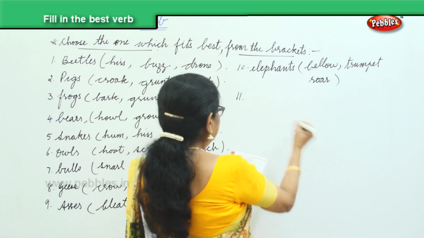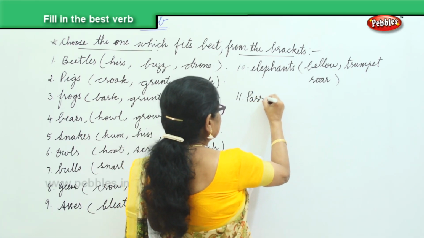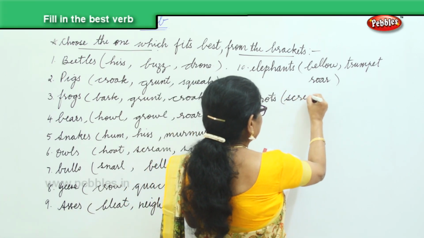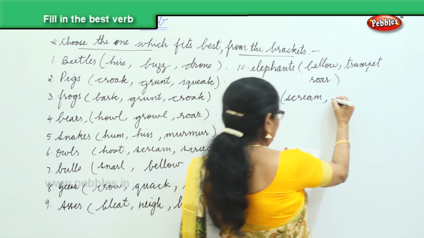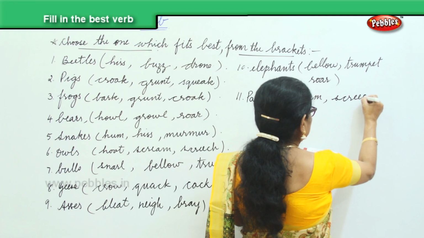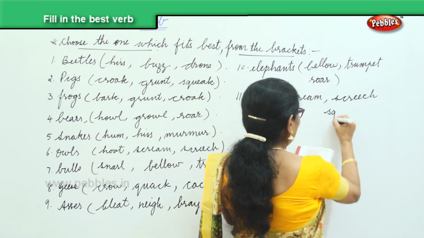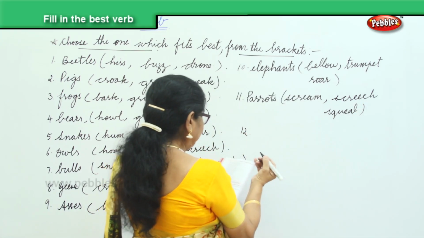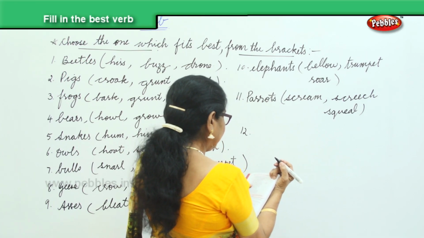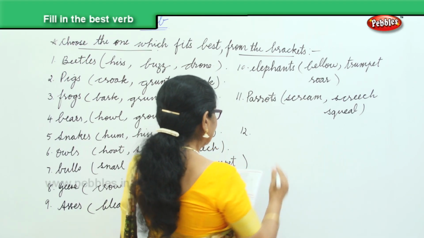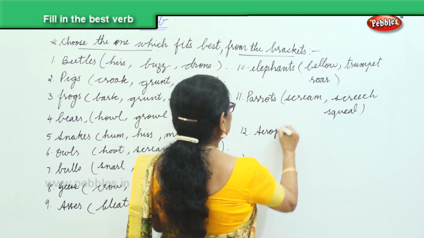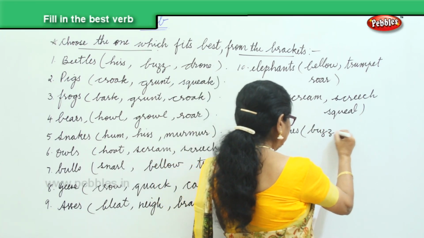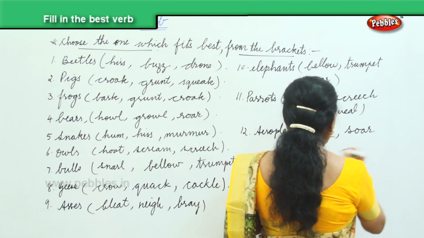We have parrots. Parrots scream, screech, and squeal. And then we have airplanes. What do the airplanes do? Buzz, soar, and zoom.